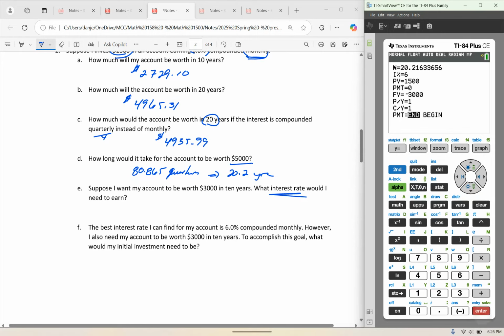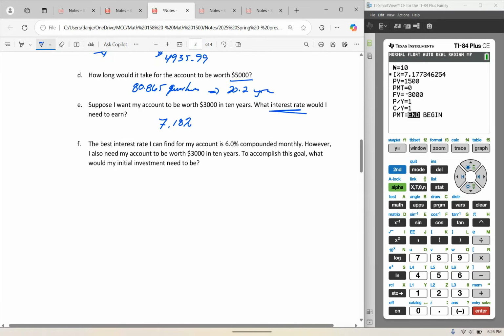So I'm going to make them both 1. I'm investing $1,500. I made my CY 1, so we're going to assume this is 10 years. Alpha solve on the interest rate. I would need to get 7.18% interest. The TVM solver makes things easy. I know all the pieces of information except for one.